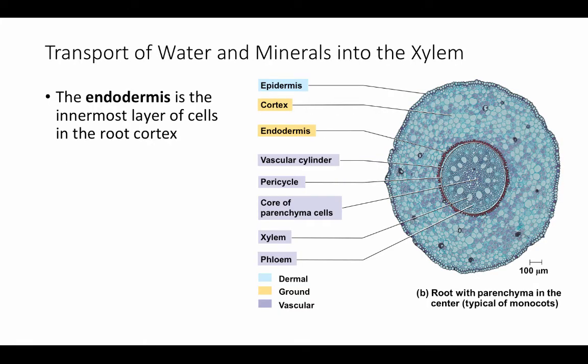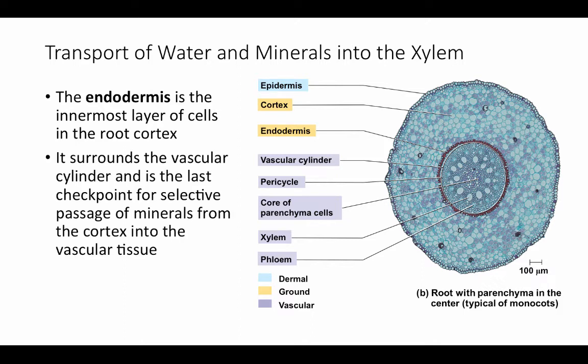So remember that the endodermis is the innermost layer of cells in the root cortex. It surrounds the vascular cylinder and is that last checkpoint. It's going to be a selective barrier that's going to allow needed materials in and keep unwanted materials out of the vascular tissue.